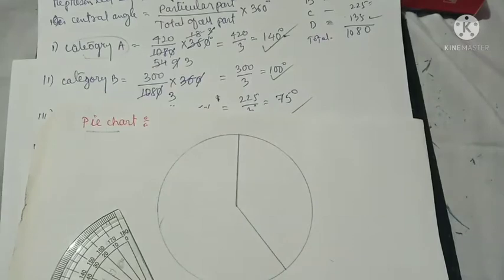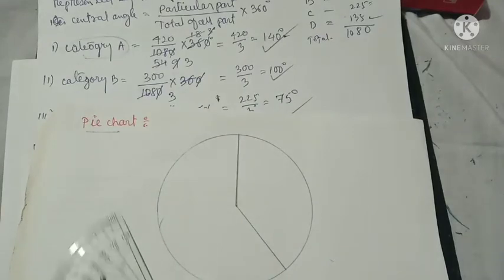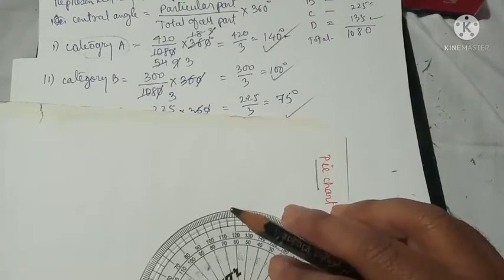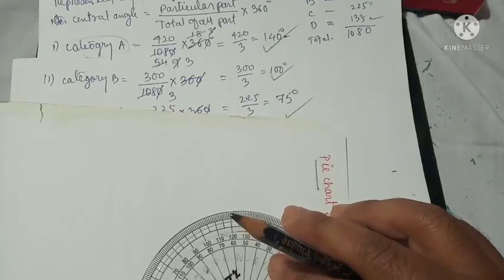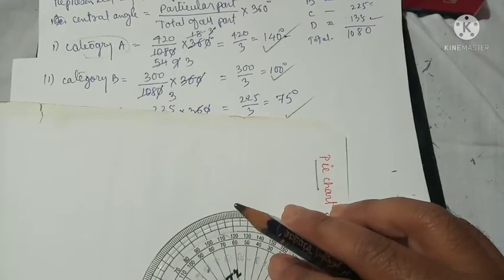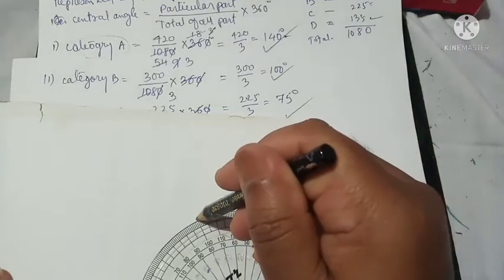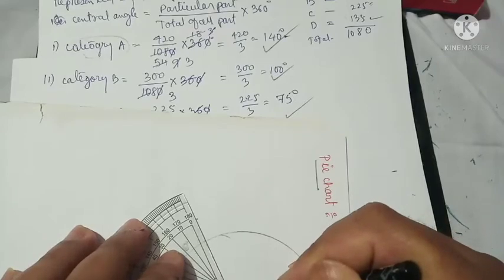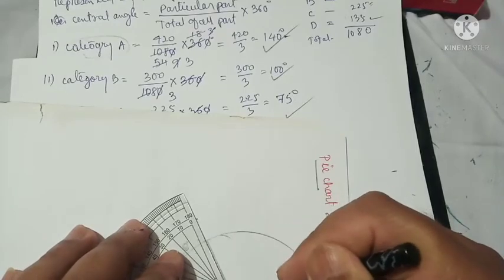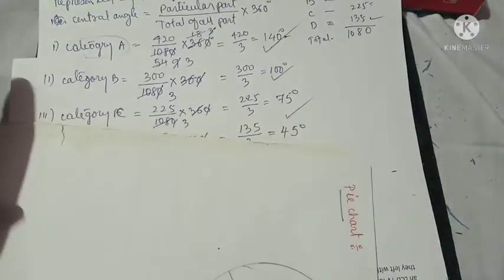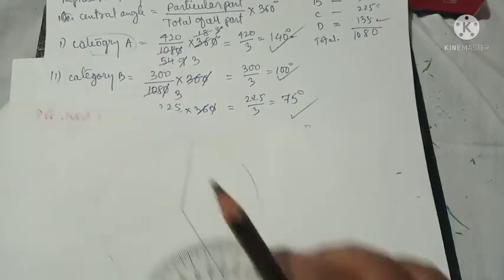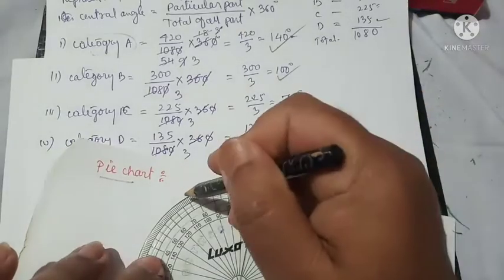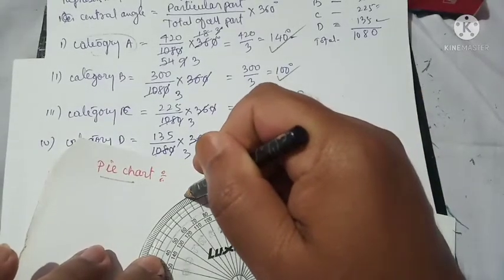This is category A. The next one is category B. Here is category B. The next one is category C, that is 75 degrees. Here is 75 degrees.